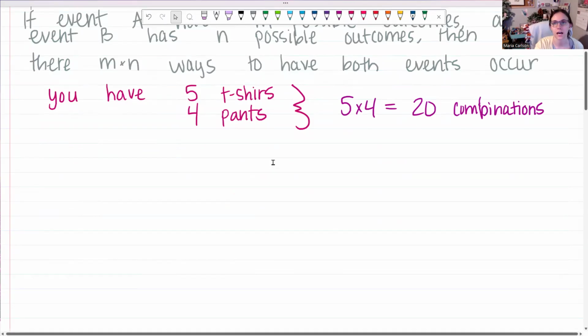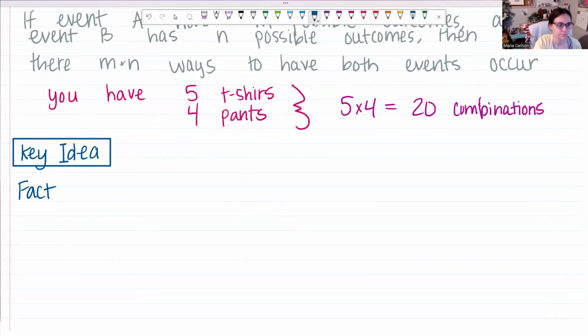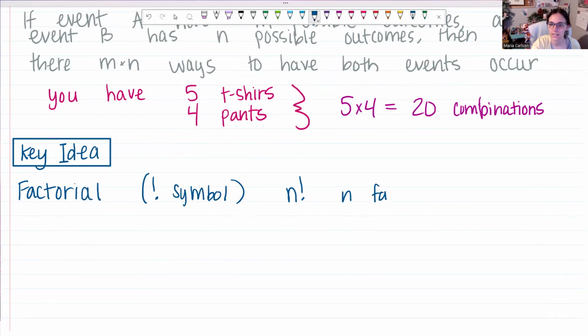But the permutations and combinations formulas use something that is called a factorial. So what I want now is to introduce a key idea, which is a factorial. Now, for a factorial, we use this exclamation mark symbol. So n factorial is how we say that.